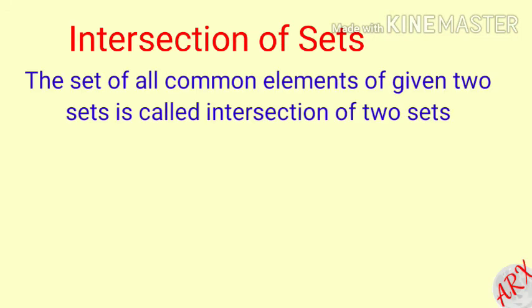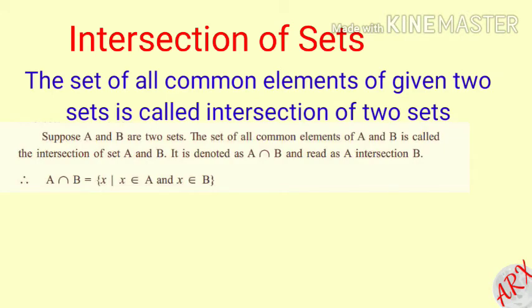First we will see intersection of two sets. The set of all common elements of given two sets is called the intersection of given sets. Suppose A and B are two sets, then the intersection of sets A and B is denoted as A ∩ B, as you can see on the screen.